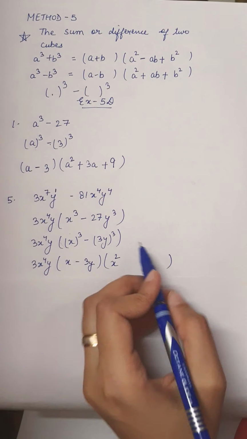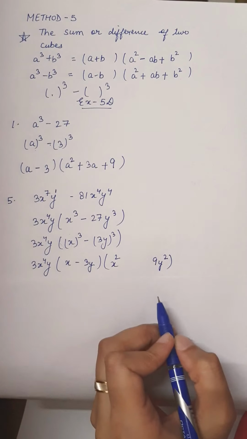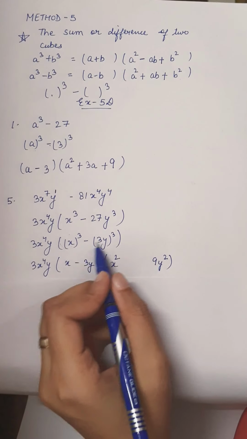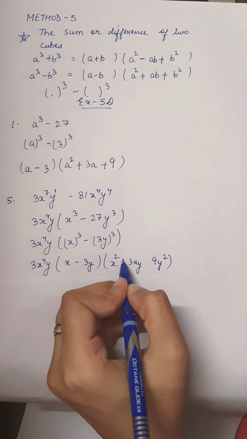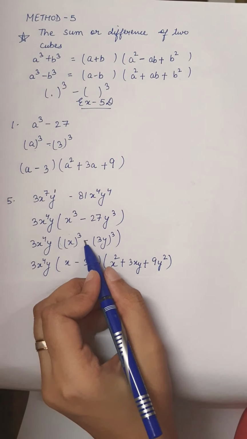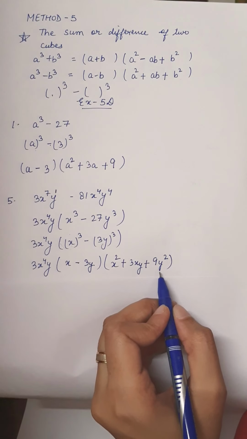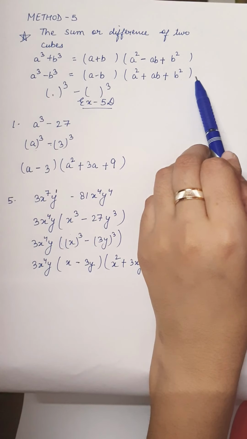Here square of the last bracket, 9y square, and in between the product of these two, 3xy, and all plus sign. Where we have minus here, so in the first bracket only we will use minus, rest all are plus. This identity we have used. Alright.